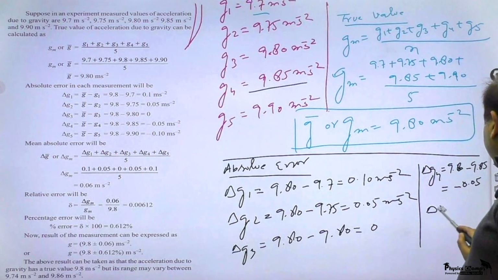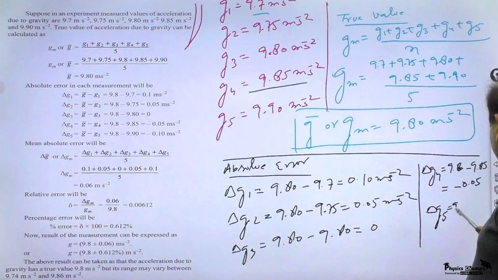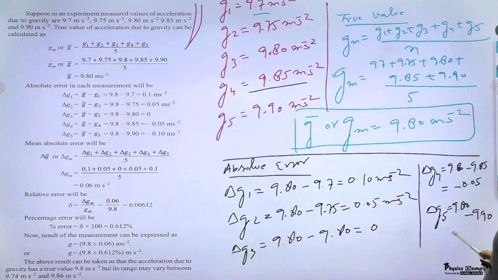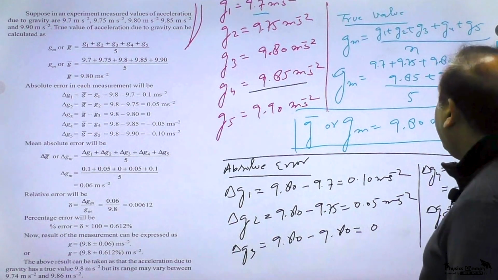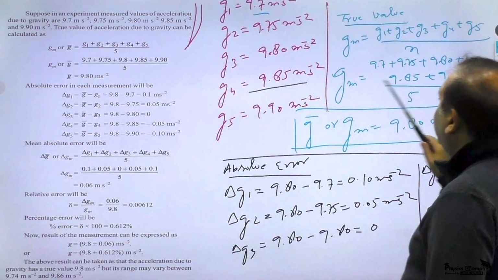Absolute error in the fifth reading will be 9.80 minus 9.90, so it is minus 0.10 meter per second square. So we have got absolute errors, and then comes mean absolute error.